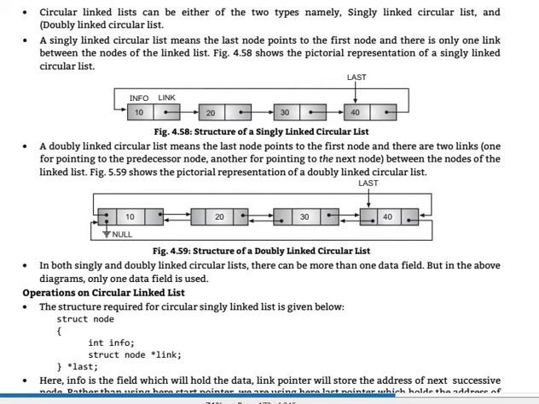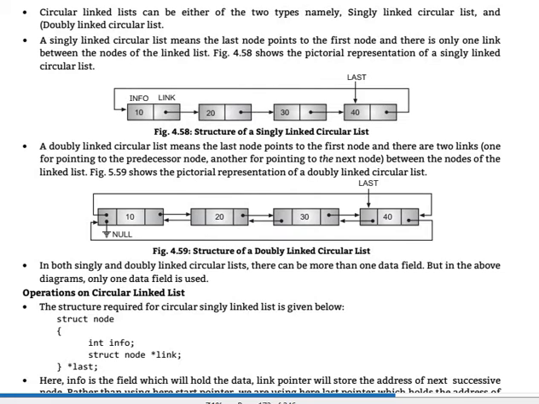Again, a doubly linked circular list means the last node points to the first node and there are 2 links between the nodes of the linked list, one for pointing to the preceding node and another for pointing to the next node. Preceding means the immediately before node.